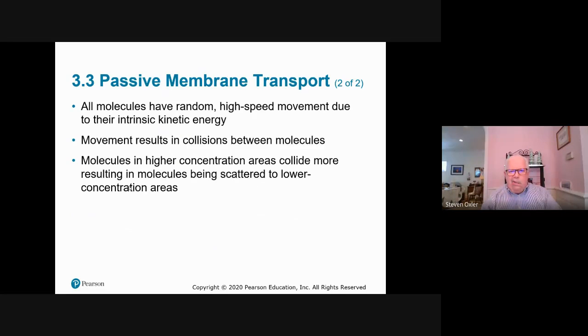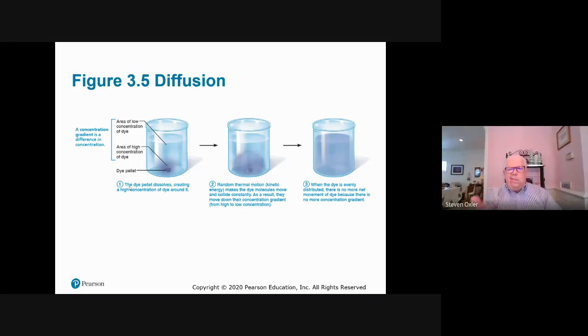All these molecules have a high speed movement due to their own kinetic energy. You don't need ATP with passive transport. Here's a typical example of diffusion.